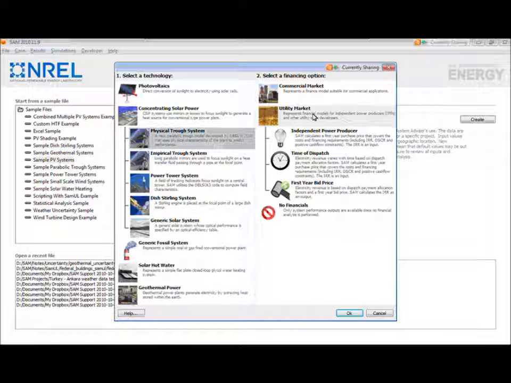So a residential and commercial project buys and sells electricity at retail rates. A utility project negotiates a power purchase price to sell as a generation project.